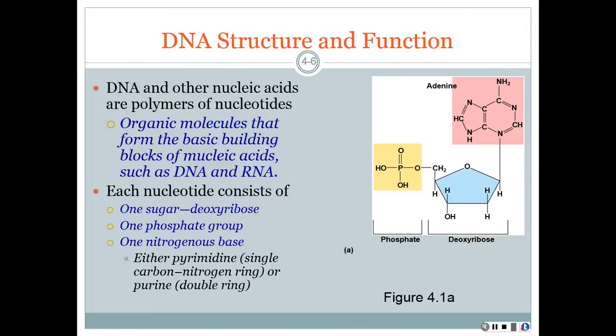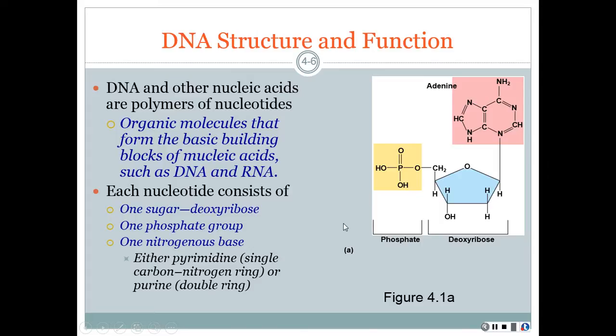So, what does it consist of? DNA and other nucleic acids are composed of nucleotides, each of which is composed of a sugar, a phosphate group, and a nitrogenous base.